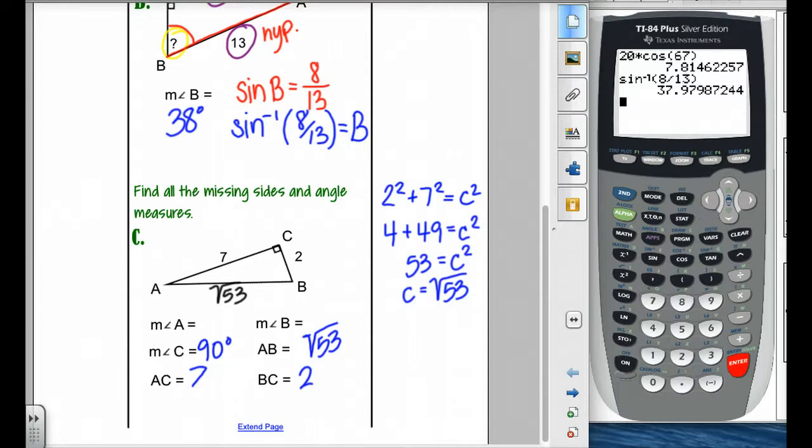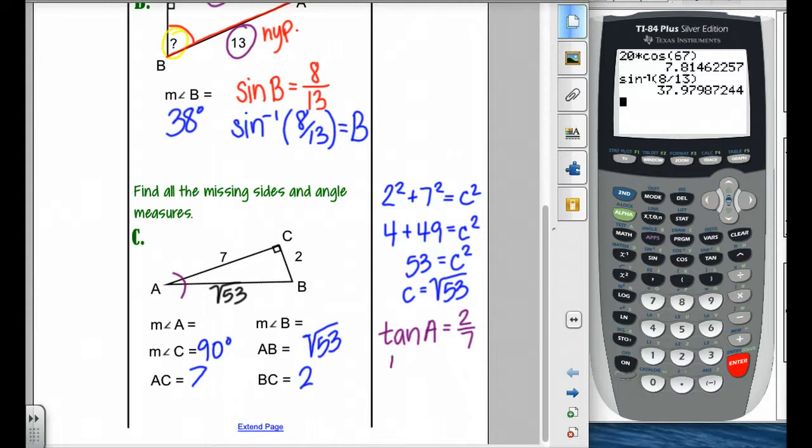If I'm looking for the measure of angle A, just in case I made a mistake with C, I want to use the opposite over adjacent with the 2 over 7. That tells me that I'm going to use tangent. So the tangent of angle A is equal to 2 sevenths.